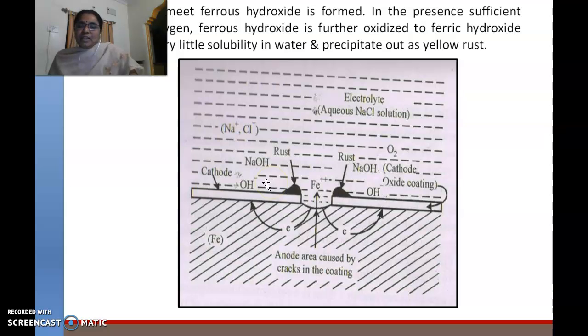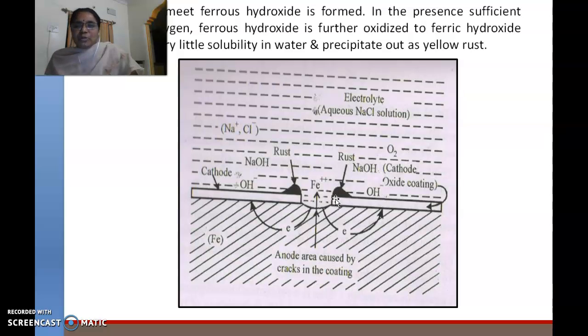So in hydrogen evolution type, pH is less than 4, whereas in oxygen absorption, pH is greater than 4. And hydrogen evolution type consists of a large anode and small cathode, whereas oxygen absorption has a small anode and large cathode. And the rate of corrosion is very, very high in case of oxygen absorption.